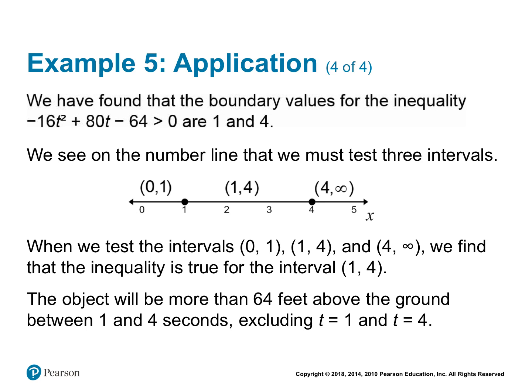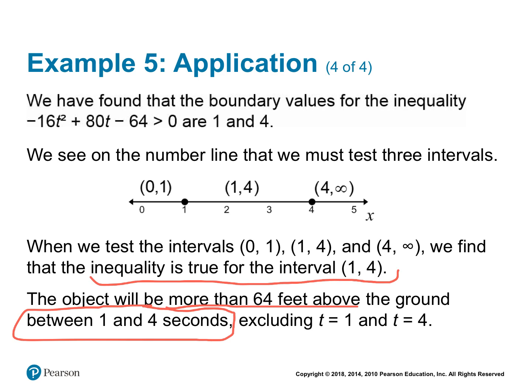Okay, so on the number line, we have 3 different intervals going up to 1, between 1 and 4 and above. When we test the intervals, we find that the inequality is true, and you can make a table to find this, between 1 and 4. So the object will be more than 64 feet above the ground between 1 and 4 seconds.